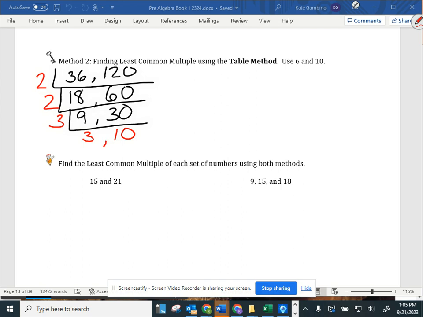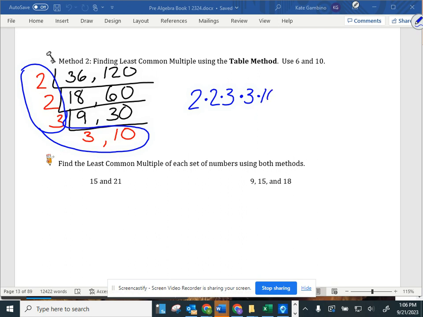Is there another prime that I can pull out? No. When we did greatest common factor, we just multiplied those 3 up. When we do least common multiple, we multiply all those numbers. So we would do 2 times 2 times 3 times 3 times 10.